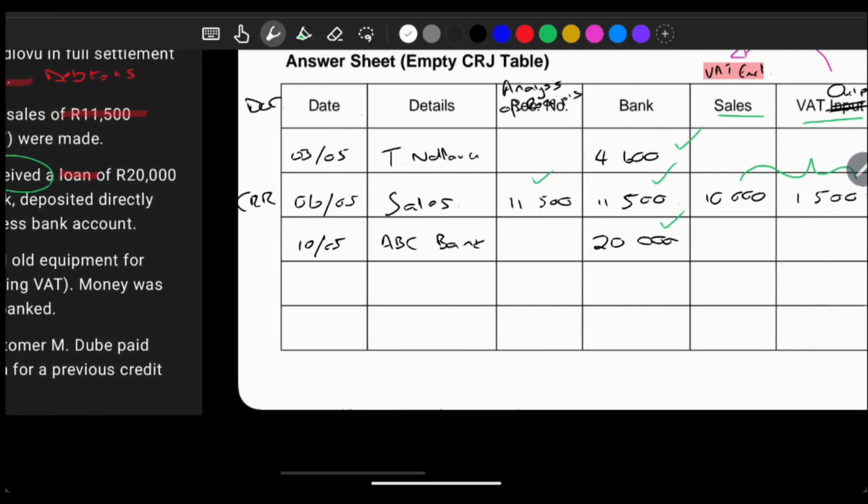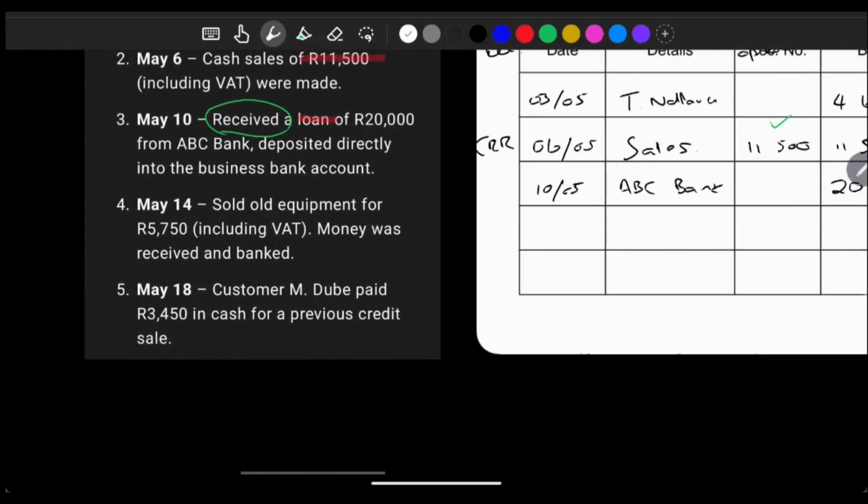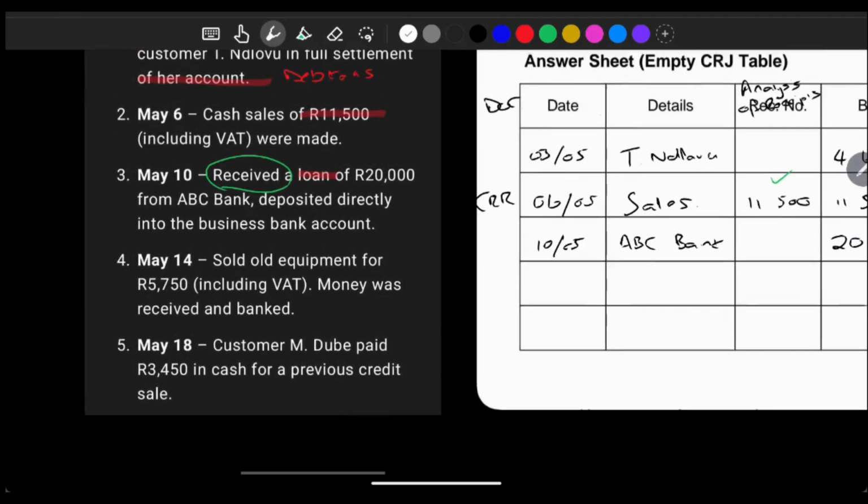Moving on. May 14, sold all the equipment for 5,750 including VAT, right? I forgot to state this. Here it said including VAT. Here, there, again, including VAT, right? So, May 14, sold all the equipment for 5,750 including VAT. Money was received and banked, right?